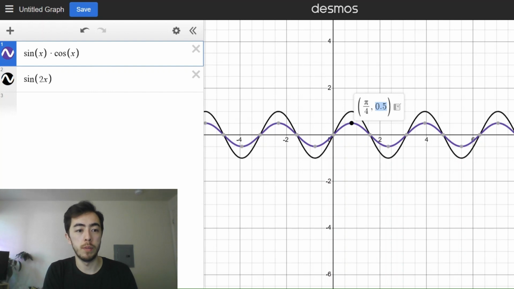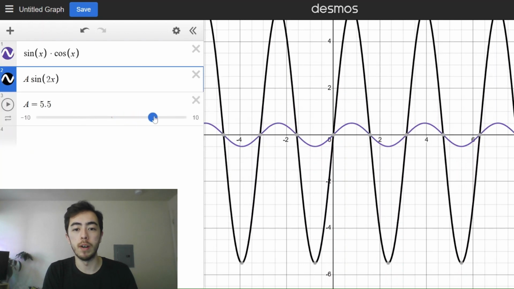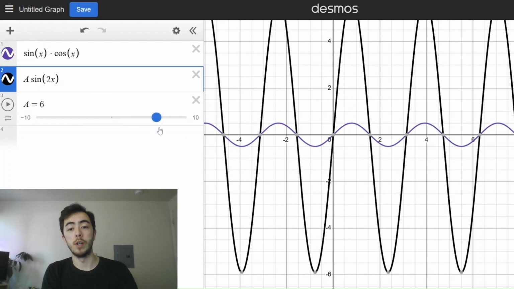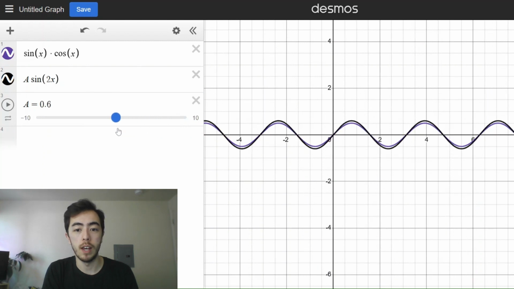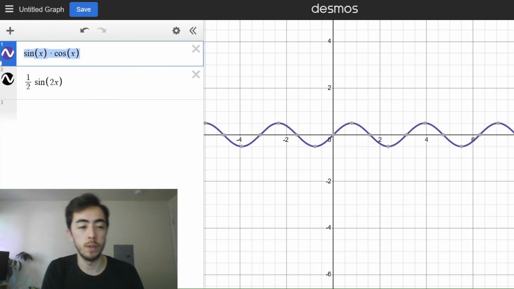And so I can multiply something out front like this to change the amplitude of my black sine wave here. Larger numbers stretch it out more vertically, numbers closer to 0 smush it down, and so 1/2 is going to be the appropriate value here to match what we got going on with this sine times cosine.